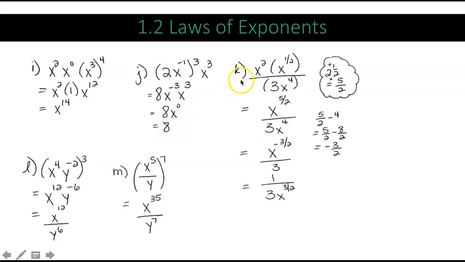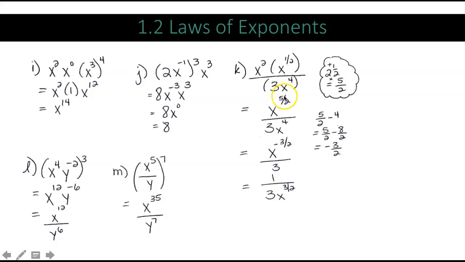Exercise K, x squared times x to the 1/2. You have the same base, so you're going to add the exponents. 2 plus 1/2 is 2.5. And if you remember, when you have 2.5, you multiply and you add to make this an improper fraction. So that's how I got 5 over 2, because 2.5 is equal to 5 over 2.